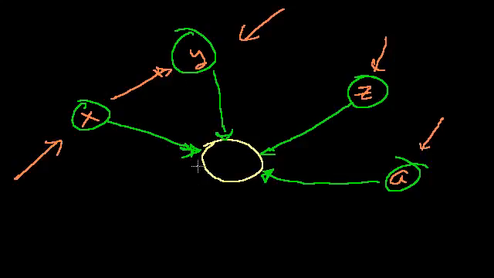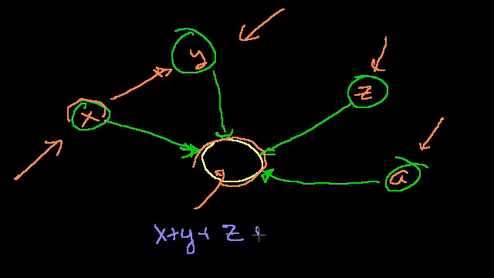The general rule that we've learned in the last two brain teasers is you say, okay, how can I get to this node? Well, I can go from here, here, here, here, and I just have to add up. So there's x ways to come via this node, y ways to come via that node, z ways to come via that node, a ways to come via that node. So the total ways to get to that node is x plus y plus z plus a.